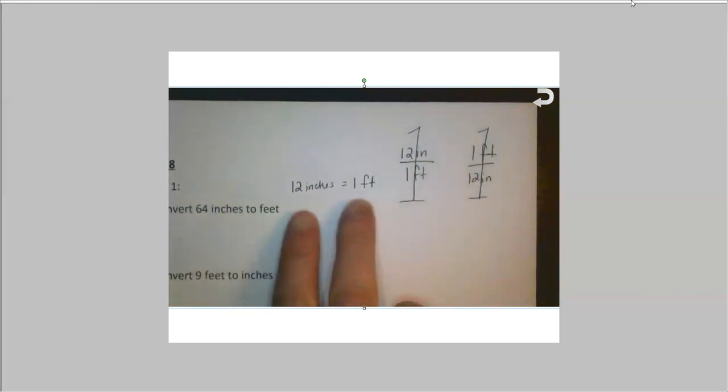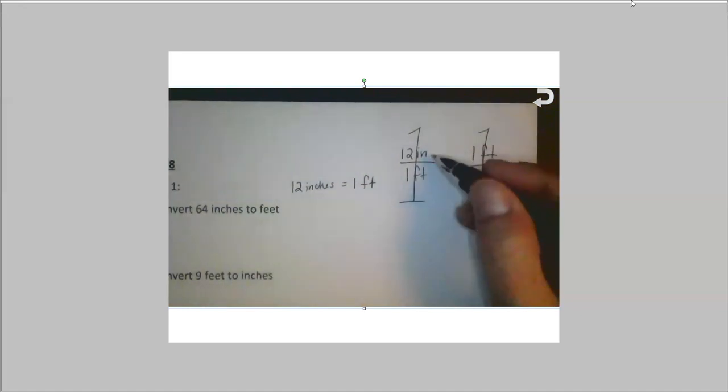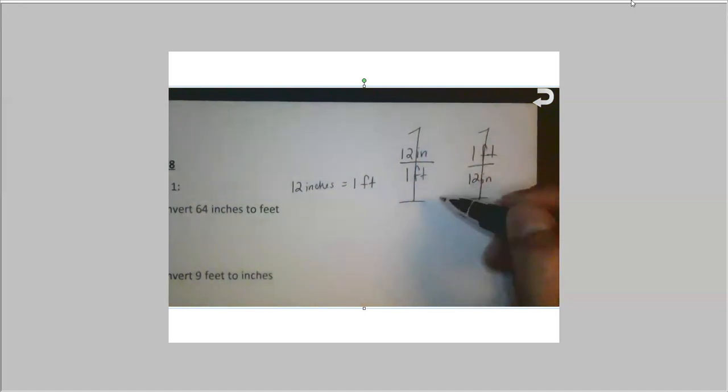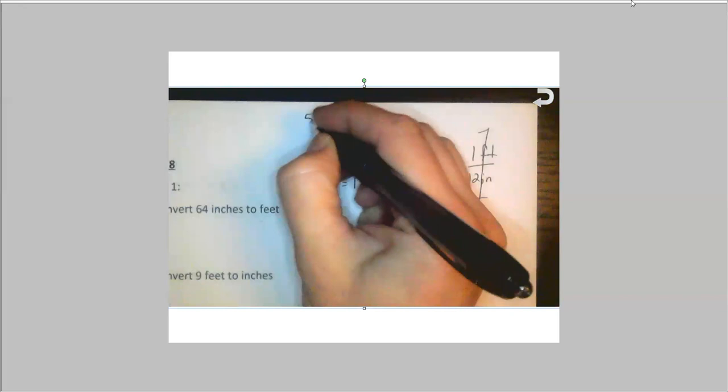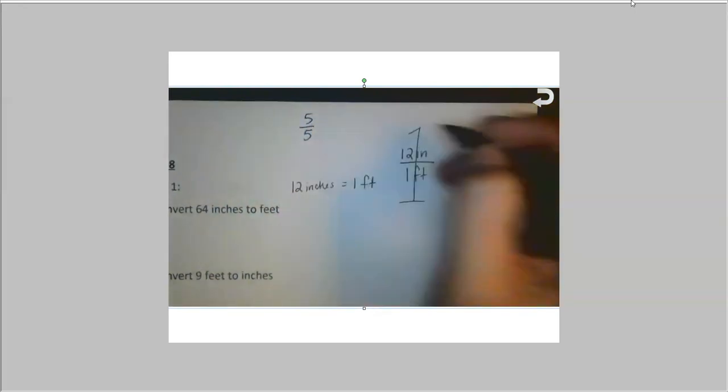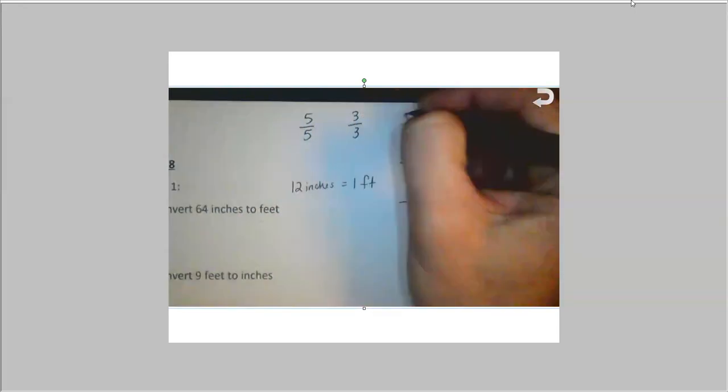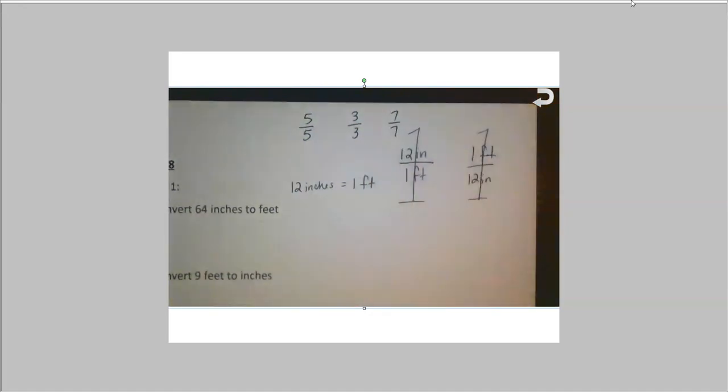Because these are equivalent units of measure, putting one on top of the other is the same as if I had 5 over 5 or 3/3 or 7/7. Those are equal to 1. A number divided by itself is always equal to 1.